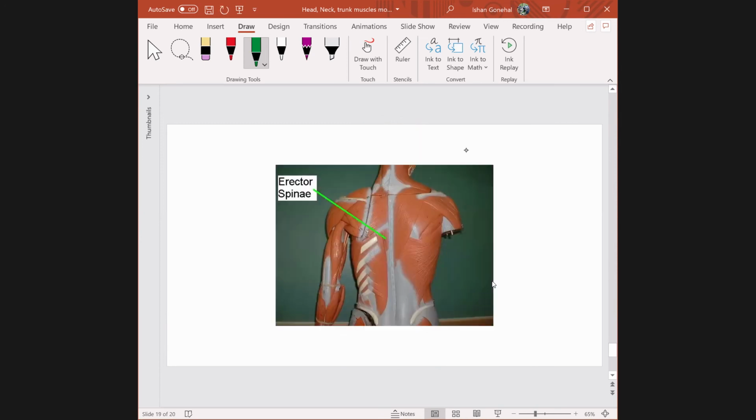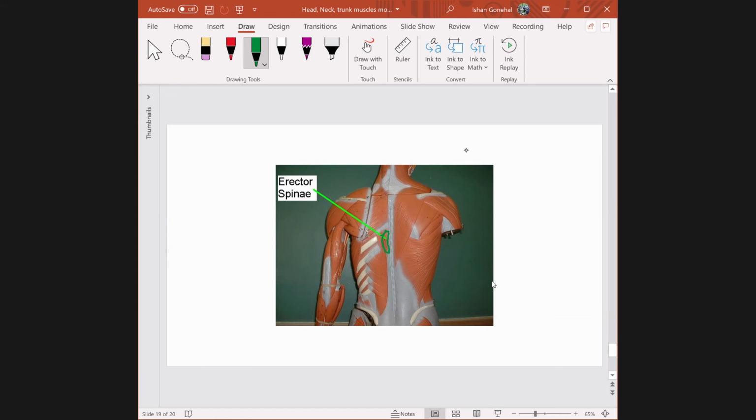How do they look? They look like here. This is the best model I can get. They look like this. Underneath your skin, underneath all the other muscles, these are the deepest muscles, which is the erector spinae group, and they're responsible for moving your cervical spine. They're responsible for moving your back. So what are these?